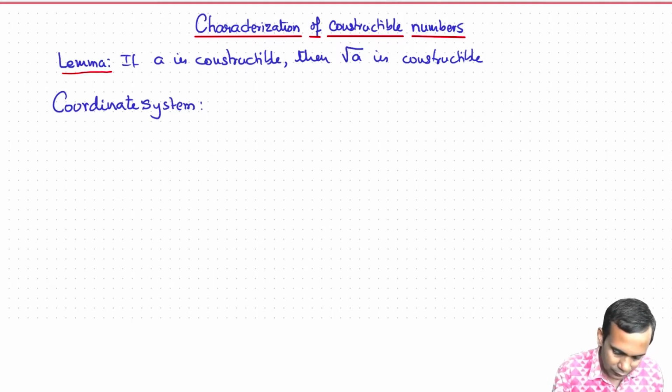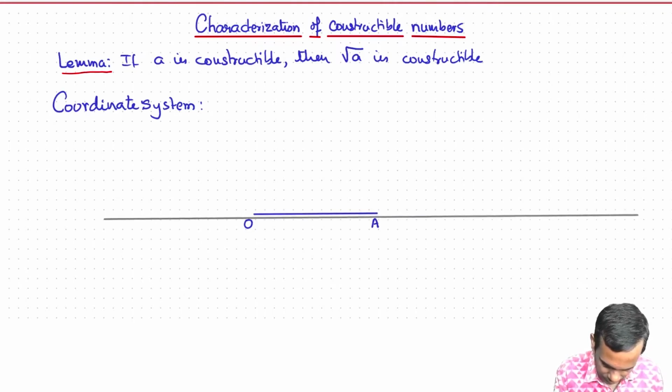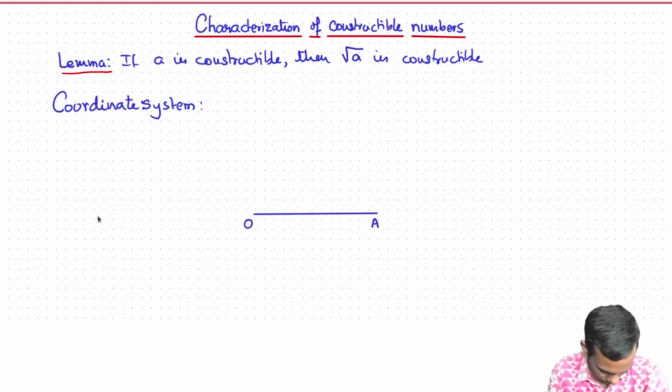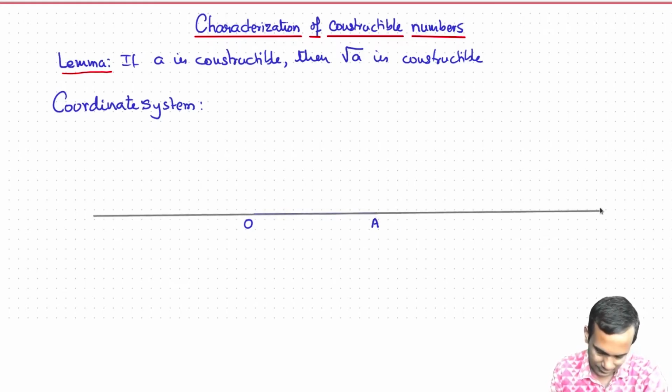I'll just do it by hand here. So you start with your line segment OA. And then you can draw a perpendicular to it using straight edge and compass. Given OA, you can draw the x-axis as just the infinite line that passes through O and A. Okay, so this would be my x-axis.